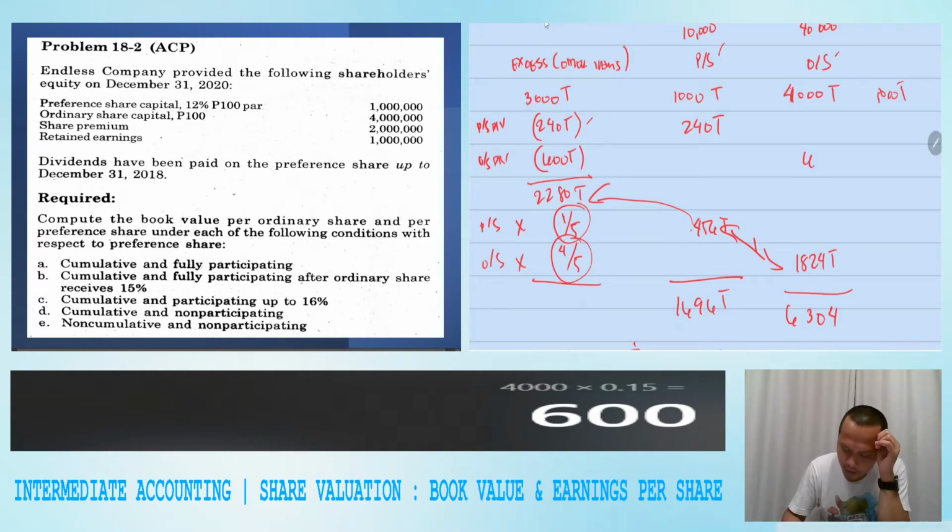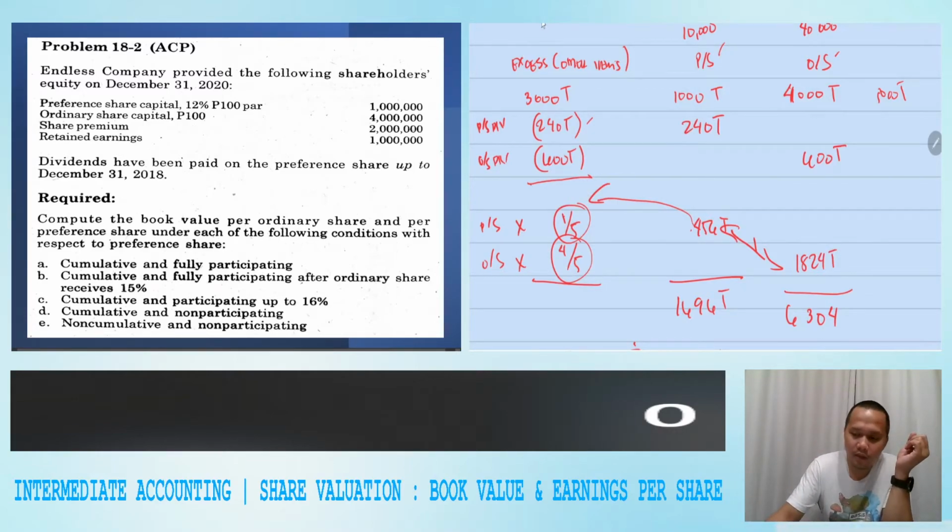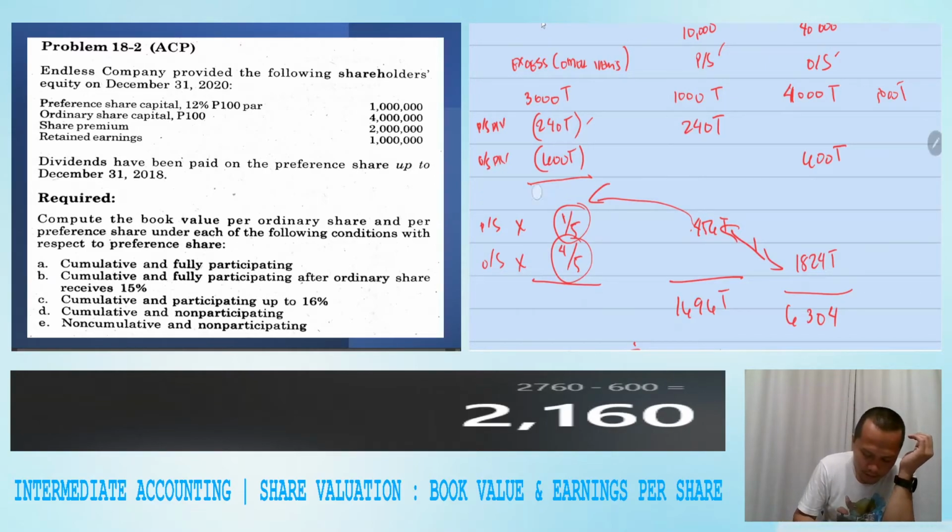The impact of that is that the net excess now would be 3 million minus 240 minus 600,000. So that is 2,160,000.